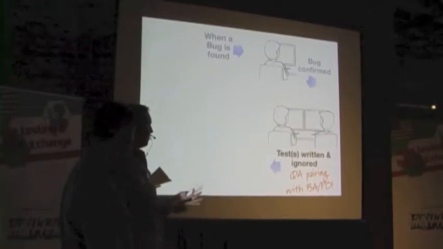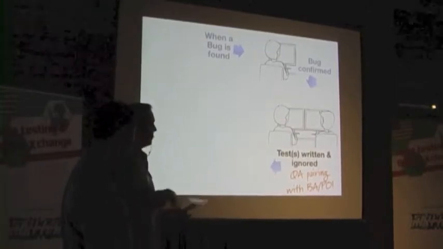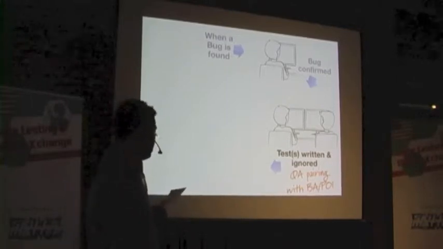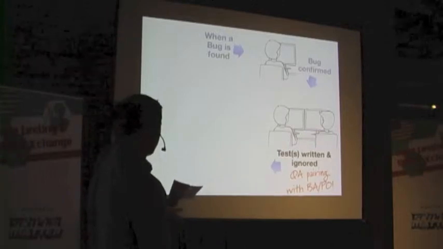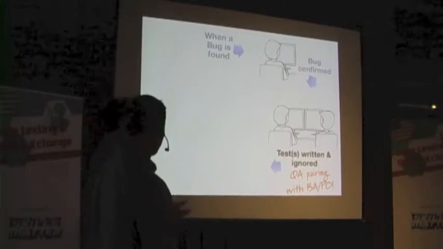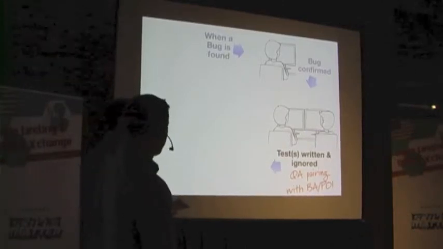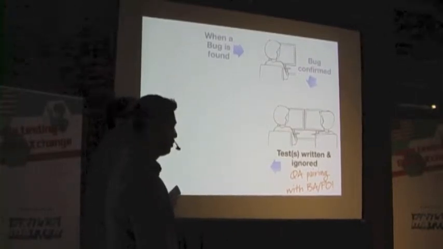And they would pair, QA pairing, BA pairing, PO pairing, getting that thing hashed out into a SpecFlow spec in the system and ignored, so that I didn't have to walk over to Lav and explain to him in English what the problem was.